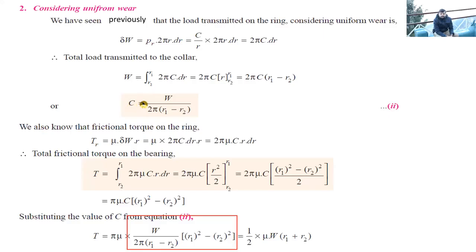So W becomes 2 pi C (R1 minus R2), and C equals W upon 2 pi (R1 minus R2).